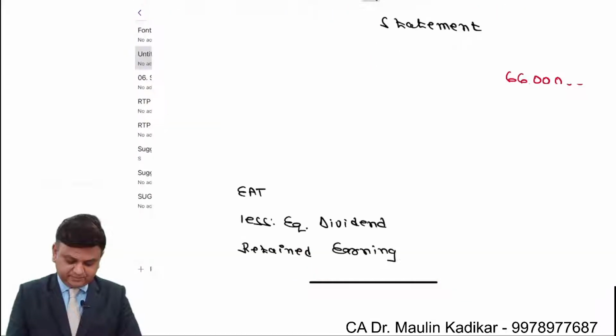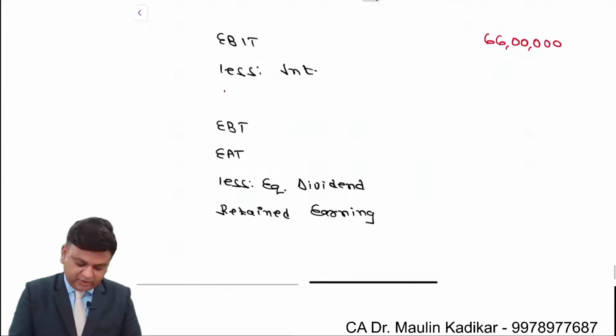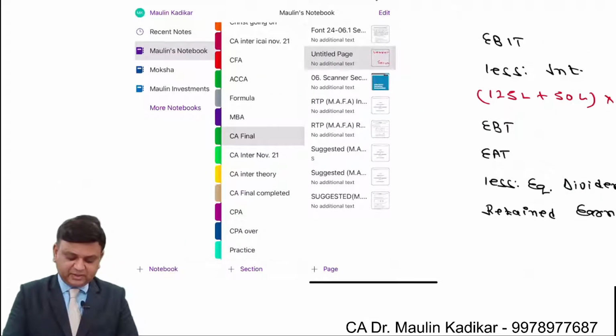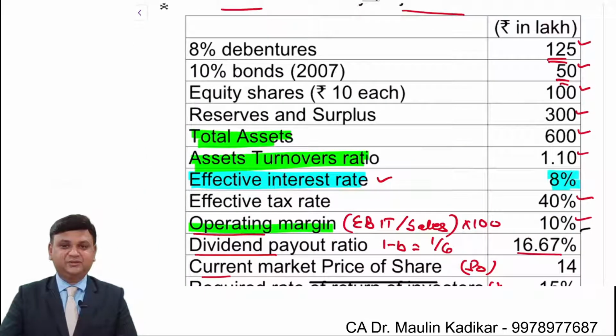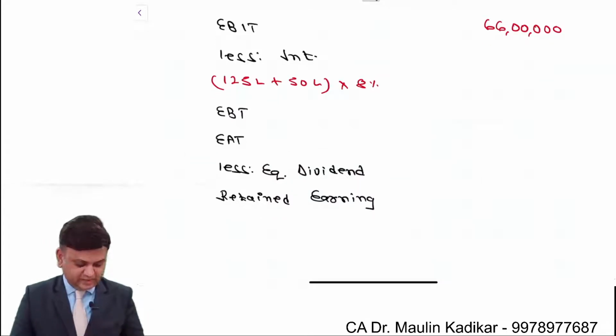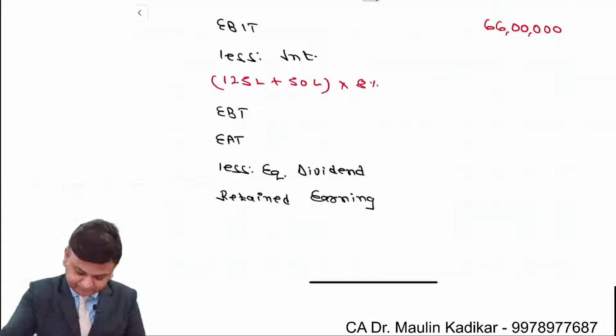So over here, 125 lakhs plus 50 lakhs into 8%. That is the way we are required to compute the interest amount. So we'll compute the interest like this: 125 plus 50, that is 175 lakhs into 8%, that comes to 14 lakhs.